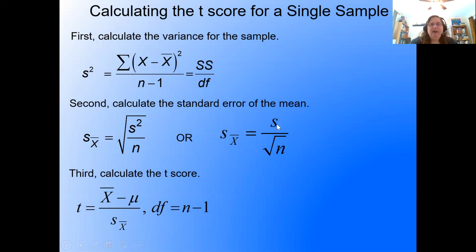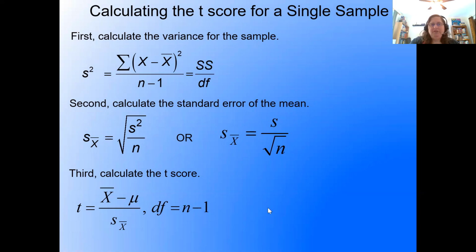The standard error of the mean now equals plain old S over the square root of n. So why are these two equivalent? Because we know that the square root of S squared is S. So these two tops are really the same, and the bottom square root of n is the same. So they're really telling us the same thing, and we might just choose the one that's appropriate.